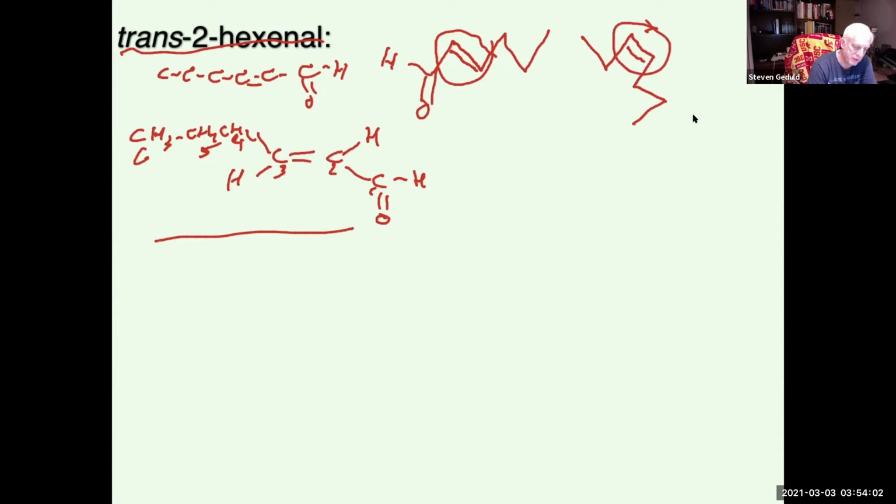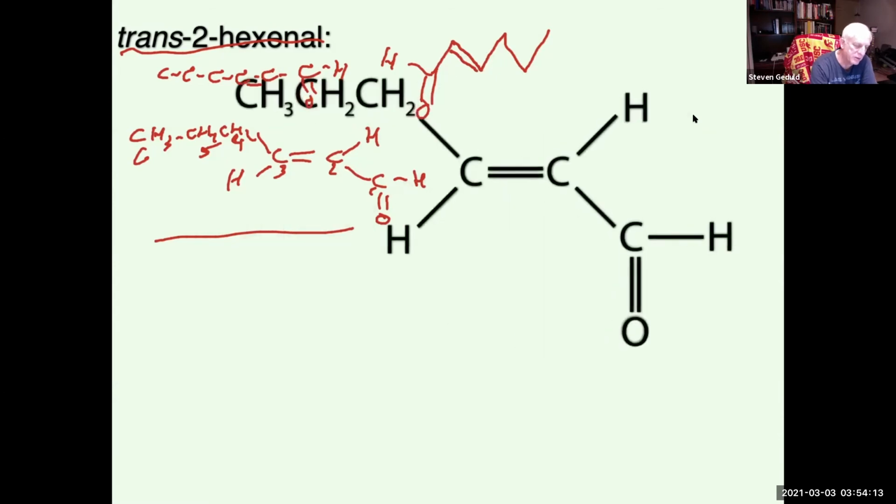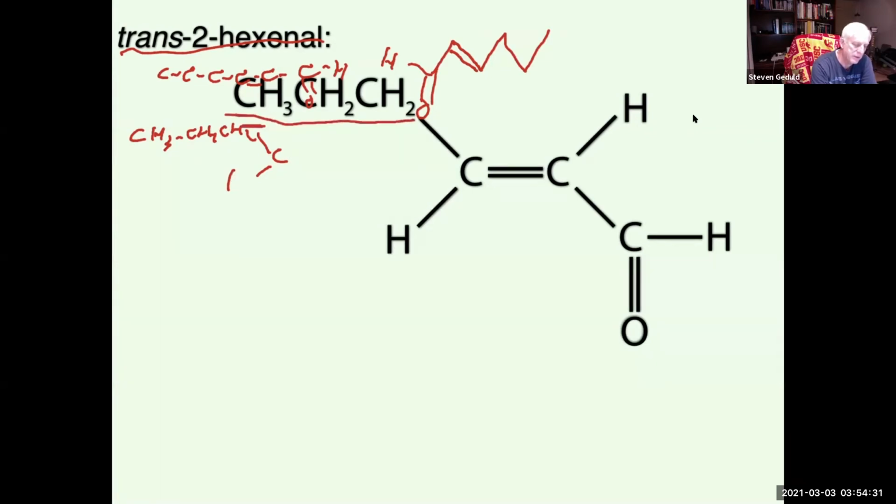There's one too many lines there. Whoa, that really disappeared. All right. So here's your structural formula. Again, get some of this out of the way here. So there's your alkyl group, your double bond and your aldehyde.